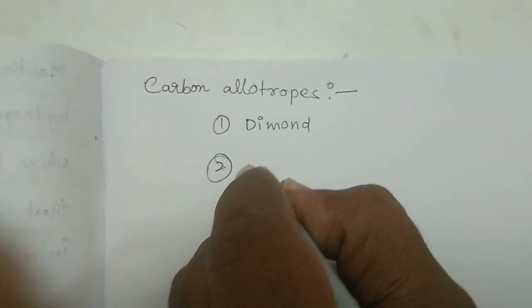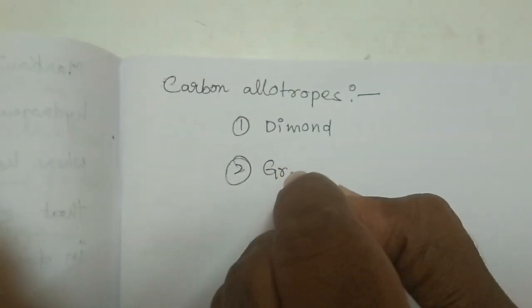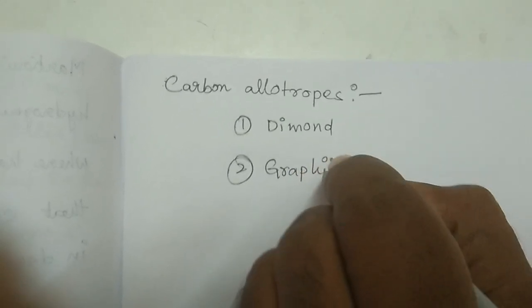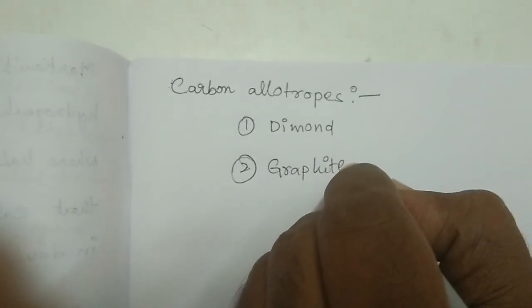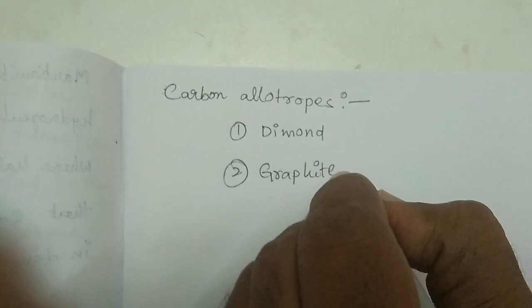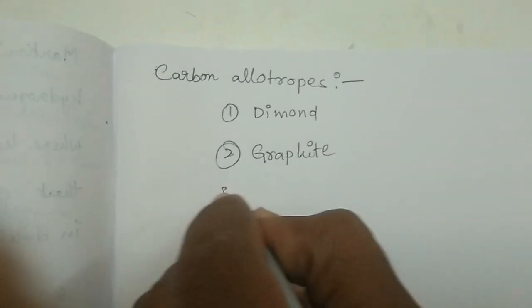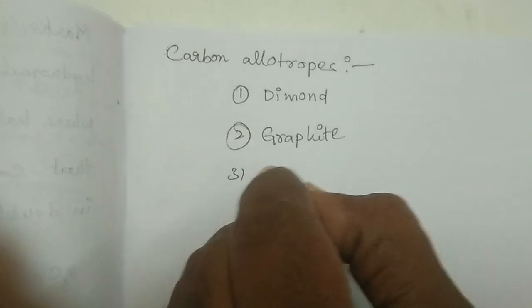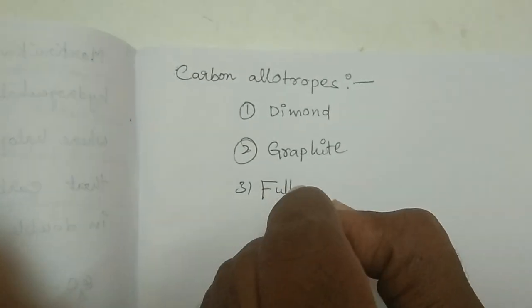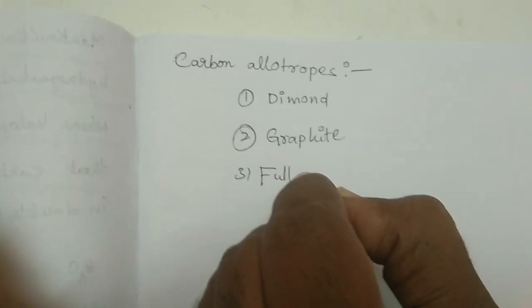Second one is graphite, and third one is fullerene.